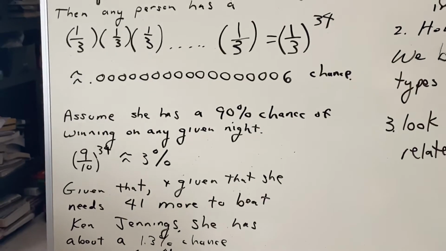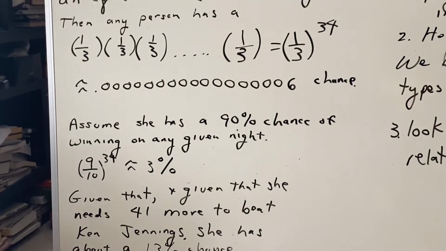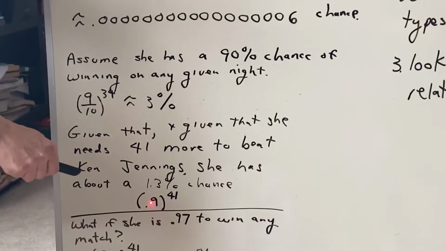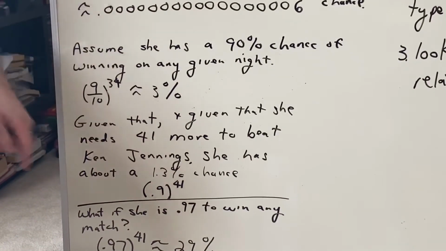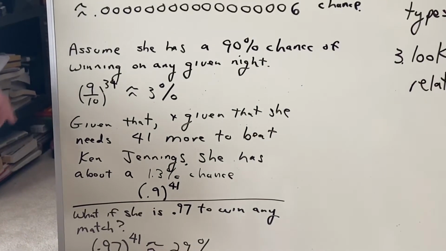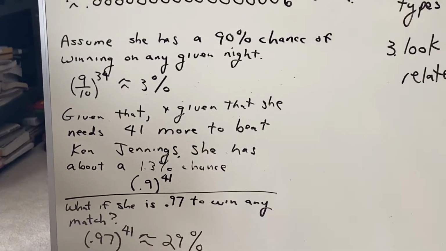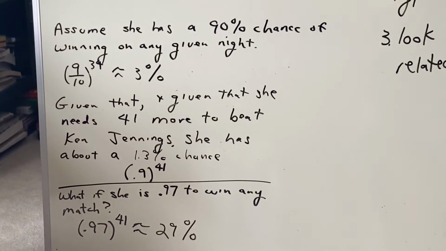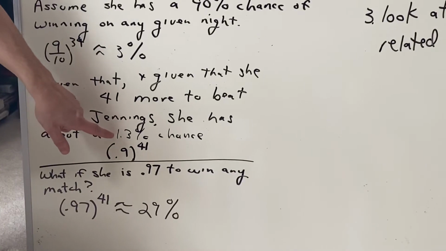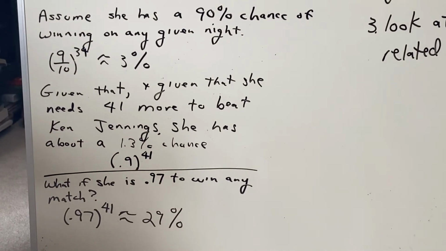Again, we're using intuition. We're going to assume 90%, and we're going to raise it to the 41st power. And in that case, it is obviously going to be less than 3%, and in fact, it's about 1.3%, still pretty rare.